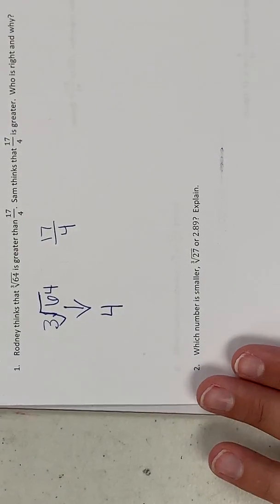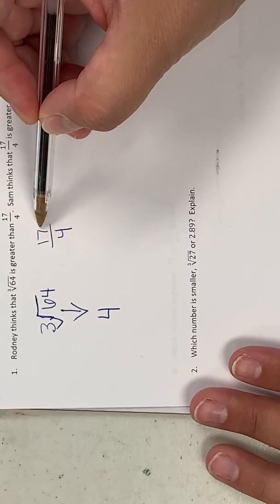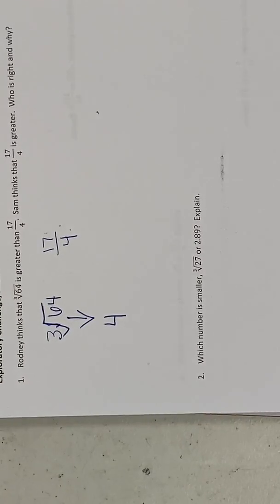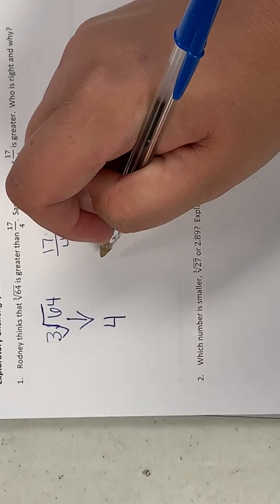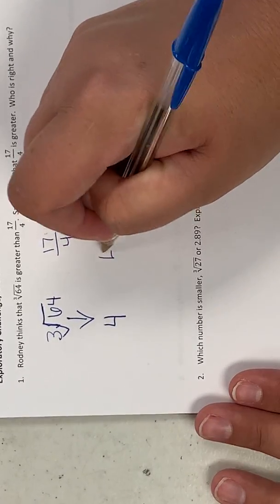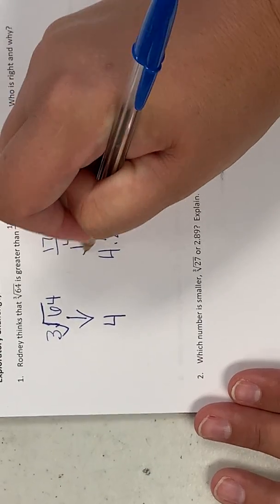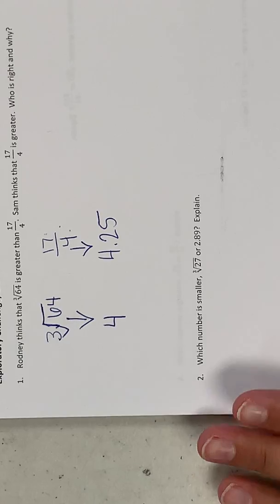It's 4 because 4 times 4 times 4 is 64. Then I know that 17 divided by 4, when I do that in my calculator, is what? One person answered. 4.25. So now I have two numbers that I can compare. Which one is greater?